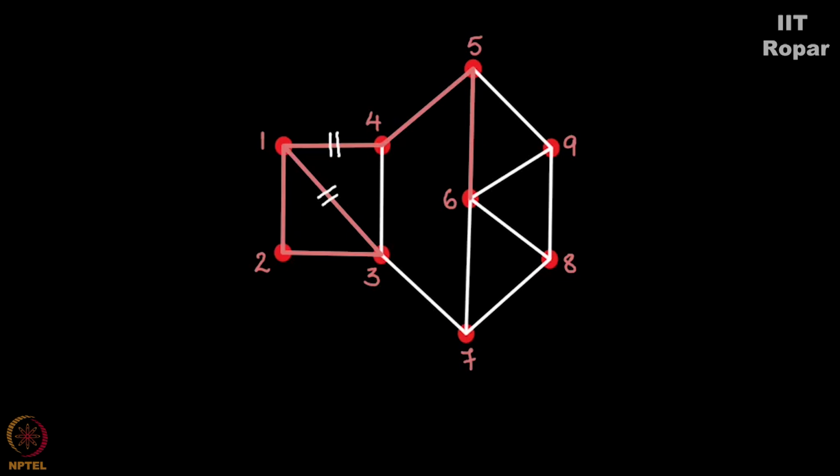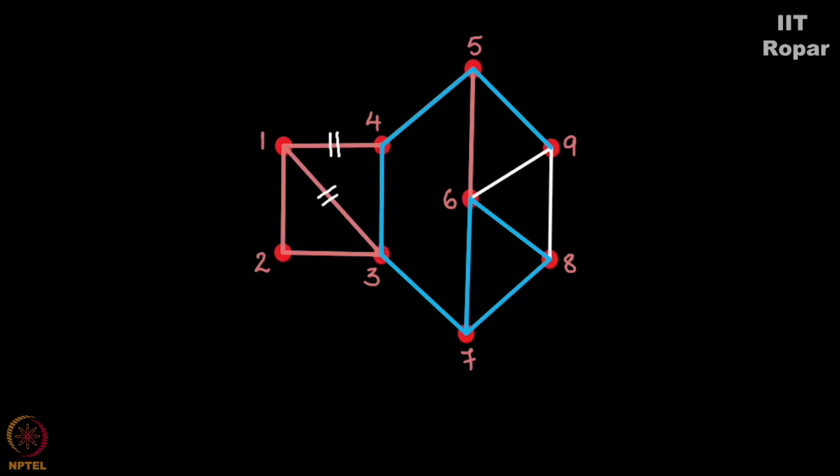But before I conclude, let me just try if I can obtain an Eulerian circuit by starting from this vertex 9. 9 to 5, 5 to 4, 4 to 3, 3 to 7, 7 to 6, 6 to 8, 8 to 7.